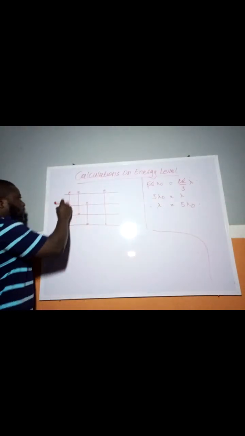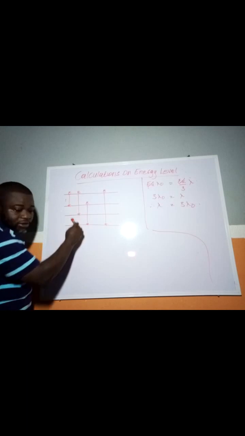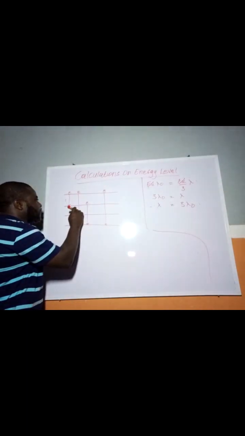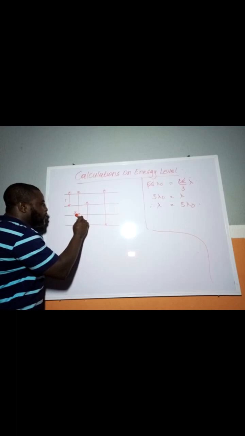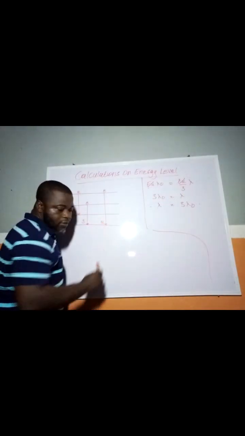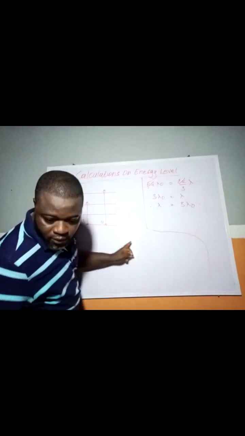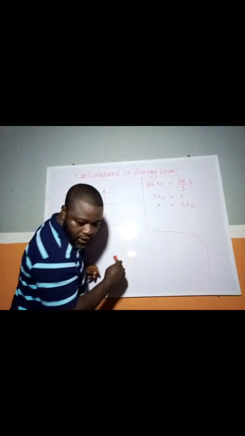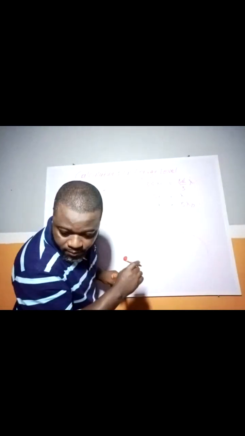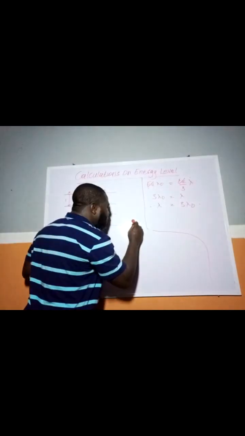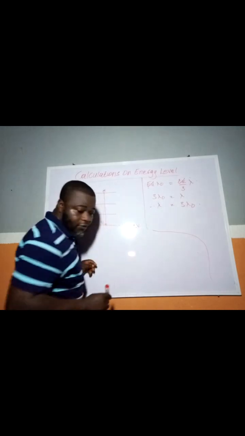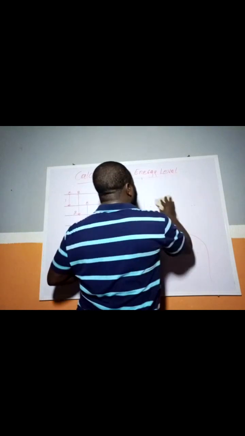Then they call the transition here 1, the transition here 2, the transition from here to here 3, and the transition from here to here 4. And they said this place, the ground state, is minus 12.0 electron volts. They call it the ground state.